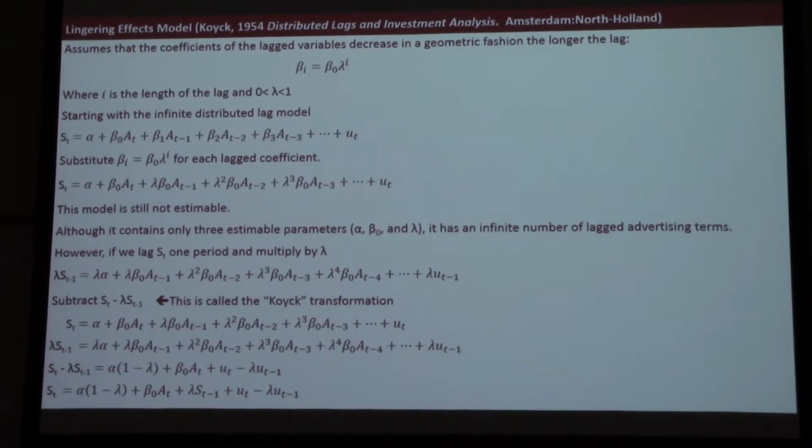So this term would be, if we just solved for e_t, it would be u_t minus lambda u_t minus 1, which would give us that term, right? And this is not serial correlation.